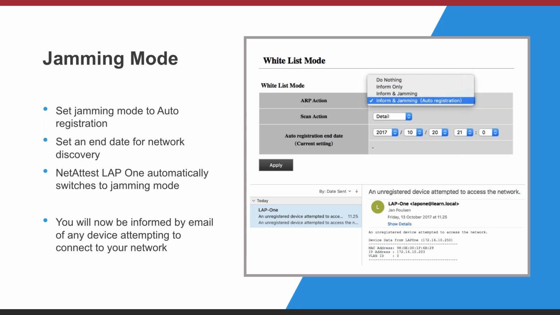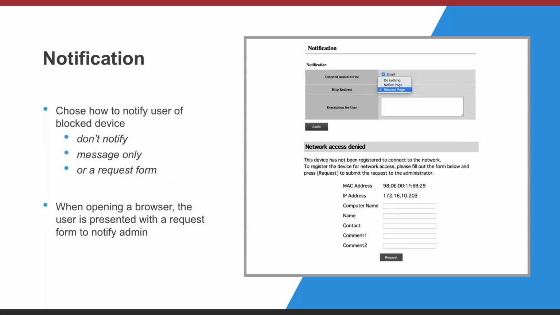When this happens, there's a number of things that you can choose to do, depending on how you want to enable the user to do something with this device. So you can decide not to notify the user at all. So the user experience will be that their device simply does not work on the network.